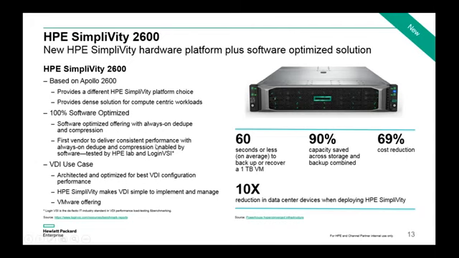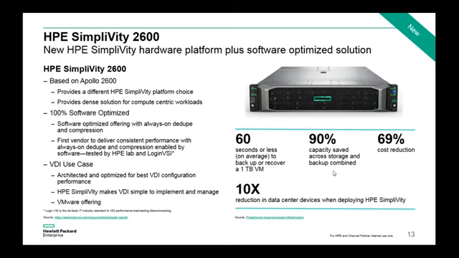First vendor to deliver consistent performance with always-on dedupe and compression enabled by software. It's tested by HPE Lab and Login VSI. So VDI use cases are architected and optimized for the best VDI configuration performance. HPE SimpliVity makes VDI simple to implement and manage VMware offerings. So just please consider that when we say 90% capacity saving, we will discuss the VDI, the persistent desktop.